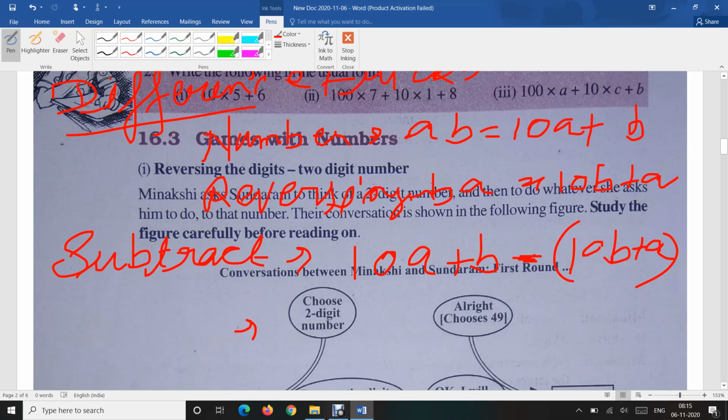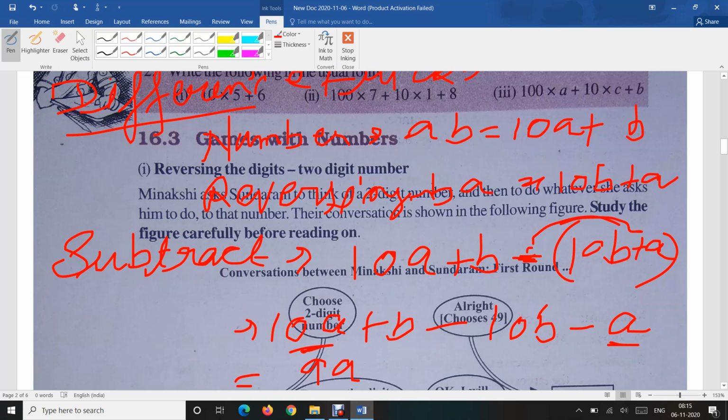So from here we get 10A plus B minus 10B, and minus A. Now 10A minus 1A is equal to 9A, and B minus 10B, that is 1 minus 10, is equal to minus 9, so it will be minus 9B because minus 10B is a greater number.